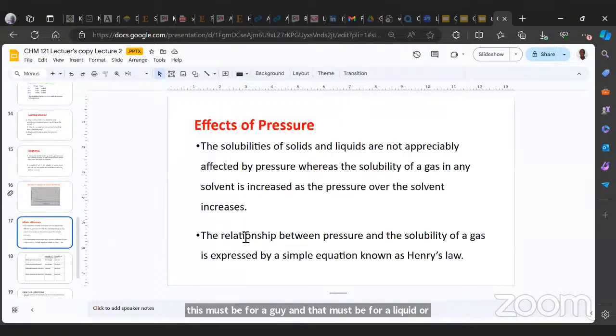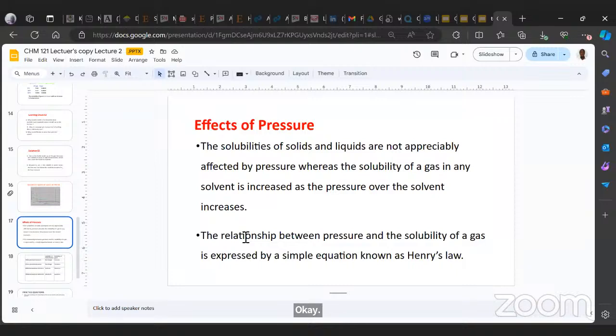The last of the things that affect solubility. I said solvent-solute interaction, temperature effect, and pressure effect. These three things affect the solubility of substances. Under solvent-solute interaction, we talked about polarity and molecular weight.